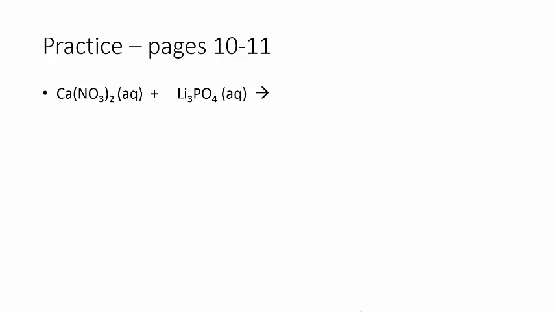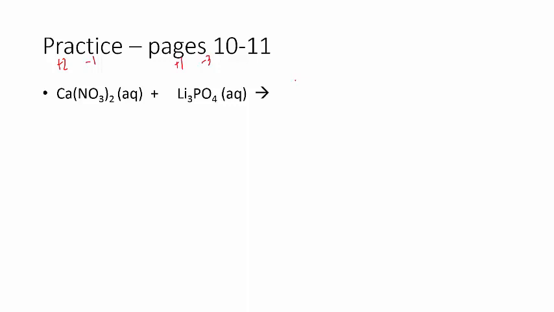So in this, if we look, remember, it's a positive and a negative. I know that the calcium in here is a +2. You can write it down if you need to. I know nitrate is a -1. I know lithium is a +1, and I know a phosphate is a -3. All of that I could find from my periodic table.